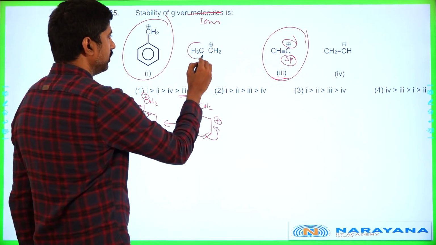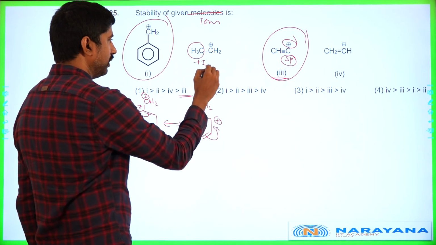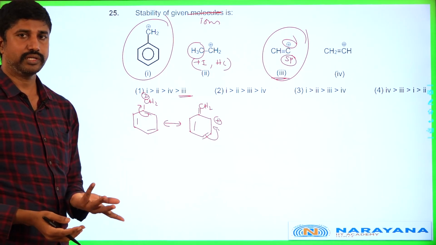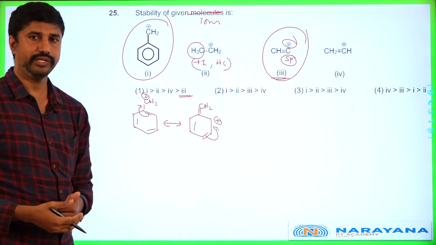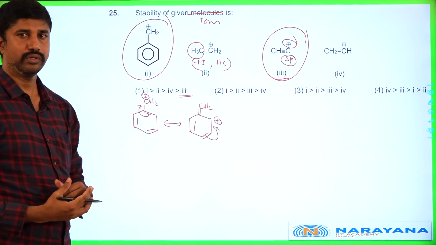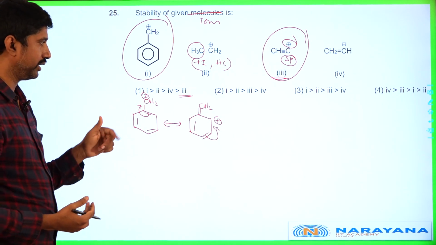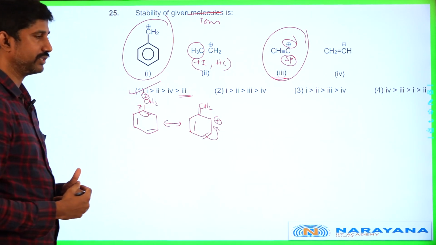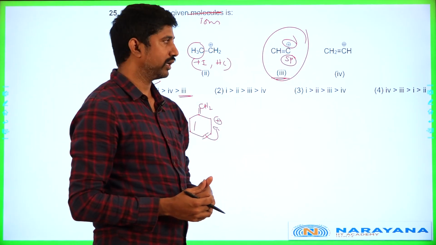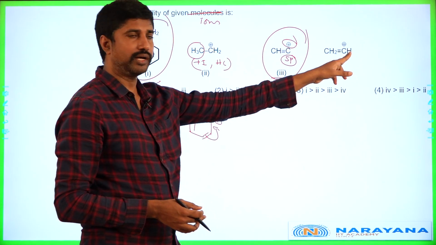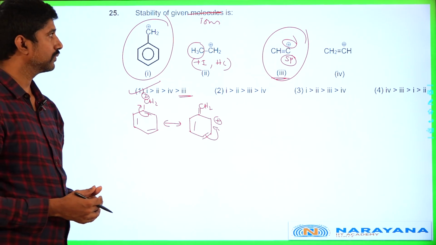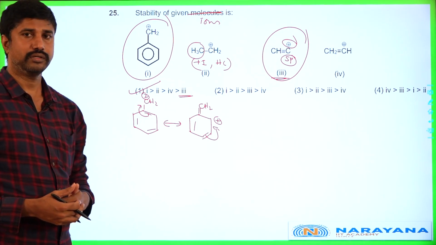In the second case, the CH3 group is plus I, and hyperconjugation is also possible, with no bond resonance. The number of alpha hydrogens is 3 here, so the second one is also relatively stable, then 3 and 4. So first is most stable and the second is next. So the first option. Among vinyl and acetylene carbocation, undoubtedly the sp2 carbon, double bonded carbon, is more stable than triple bonded carbon with positive charge. So the answer is 1.